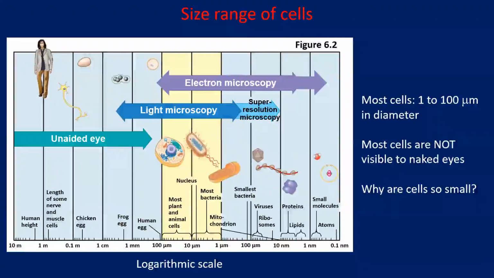Now, when you consider the microscope, there are three important parameters. One is the magnification, the other is the resolution, and the third one is the contrast. Magnification is the ratio between the object's image size and its real size. Resolution is a measure of the clarity of the image.